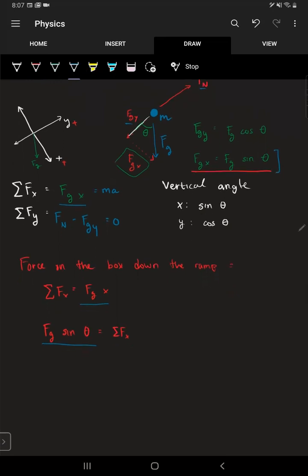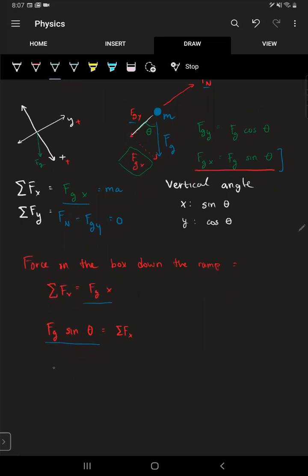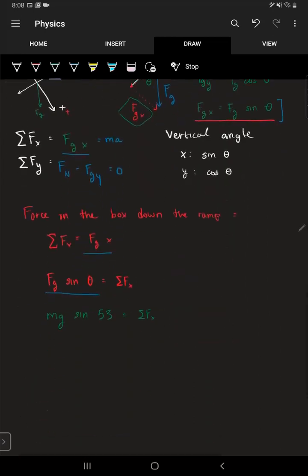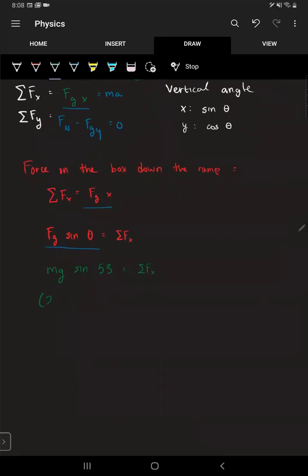So Fg, the force of gravity, is equal to the mass times the gravity. So that means that we have mg sine 53, because we have a 53-degree angle. The problem told us that. And that is equal to the sum of the Fx forces. What is the mass of the block? Let me look back up here. It's 24 kilograms. So we have 24 kilograms times 10 meters per second squared times sine of 53.